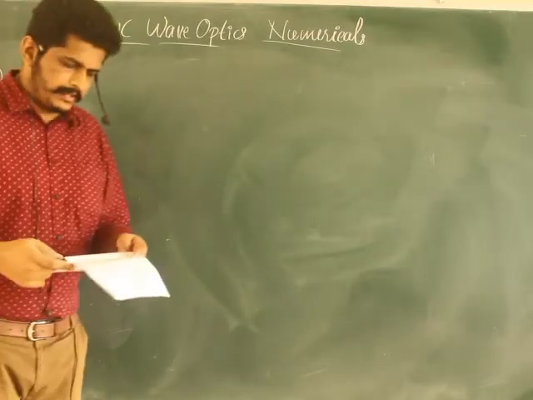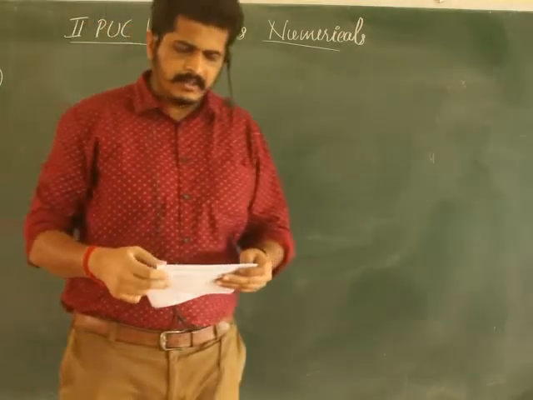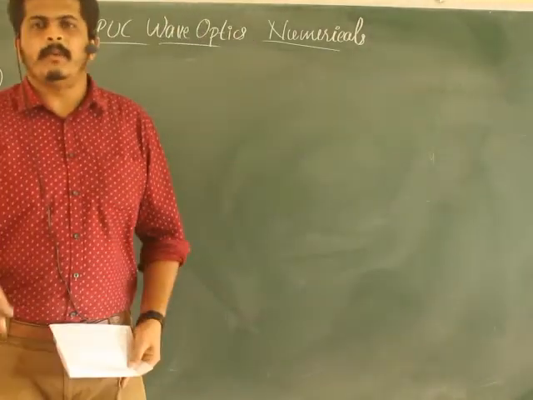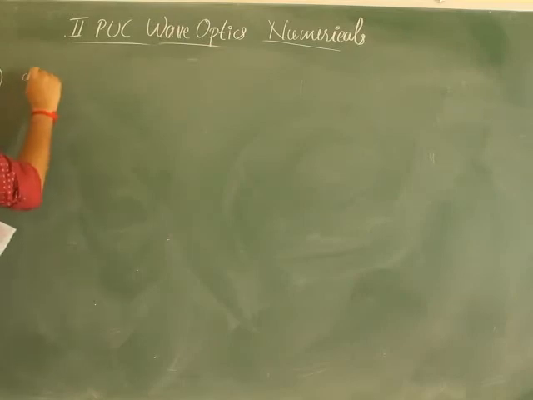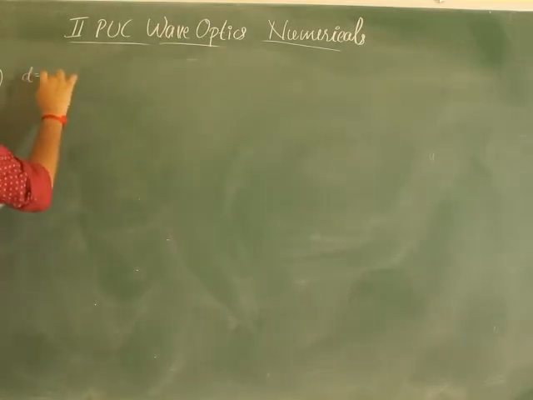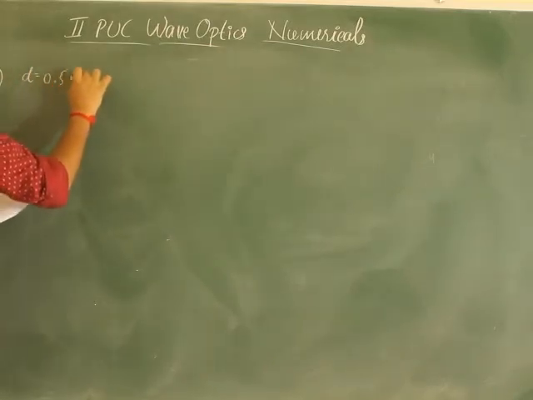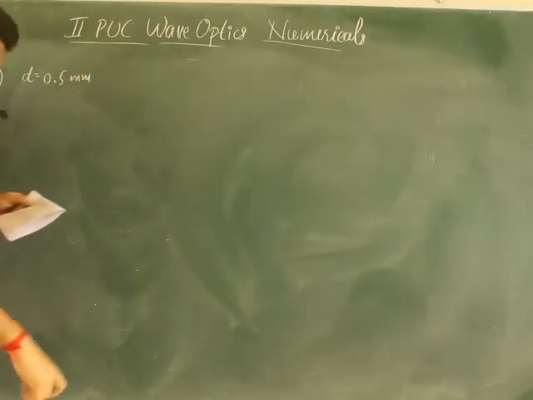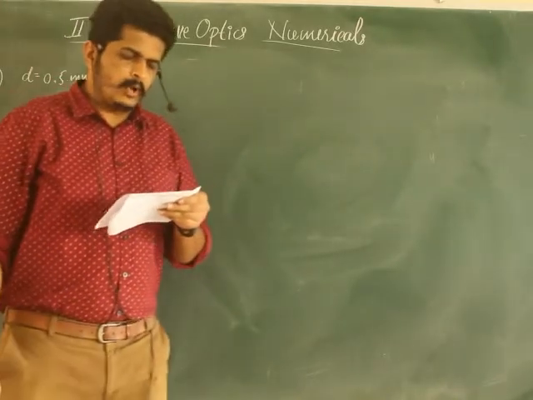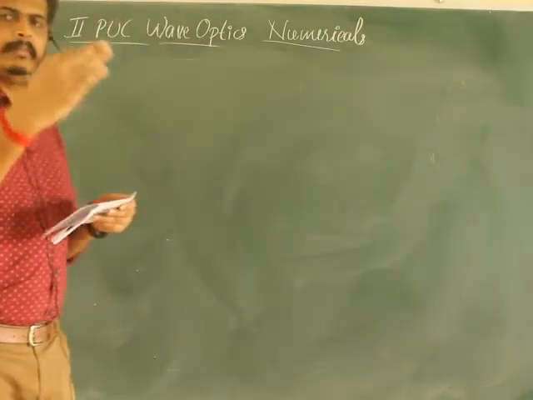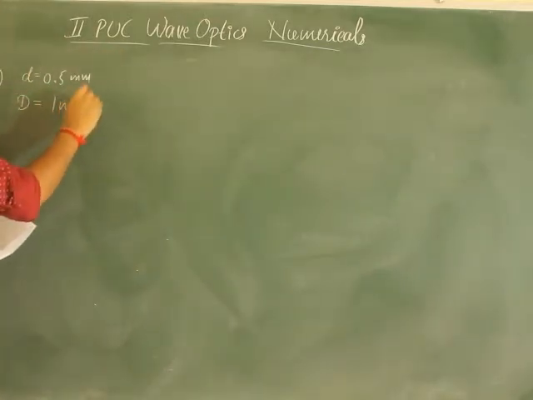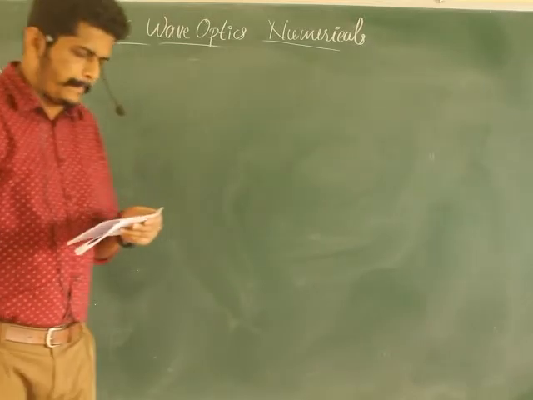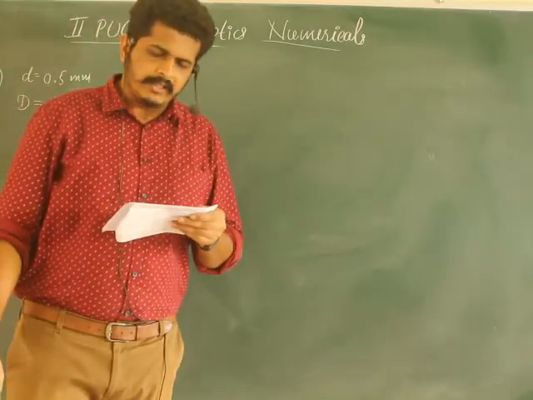So question number 9 is, in Young's double slit experiment, the separation between slits is 0.5 millimeter. Separation between the slits, that means small d, slit width, so 0.5 millimeter. Interference pattern is obtained on the screen at a distance of 1 meter. So capital D is also measured 1 meter, from the plane of the slits.